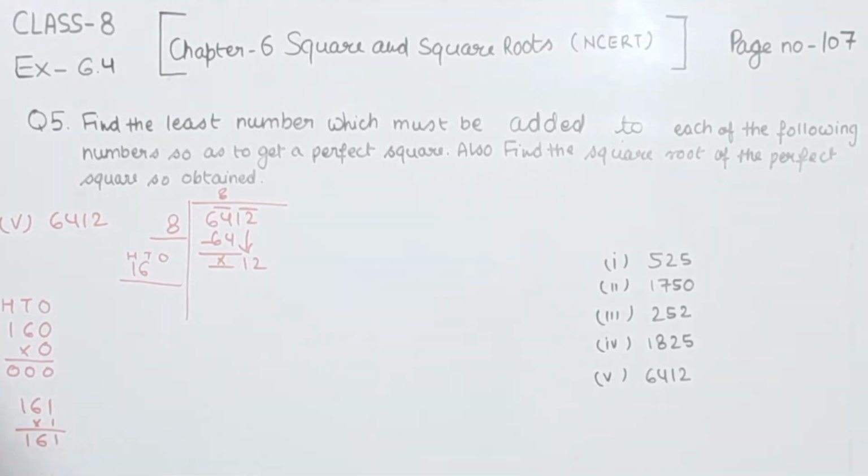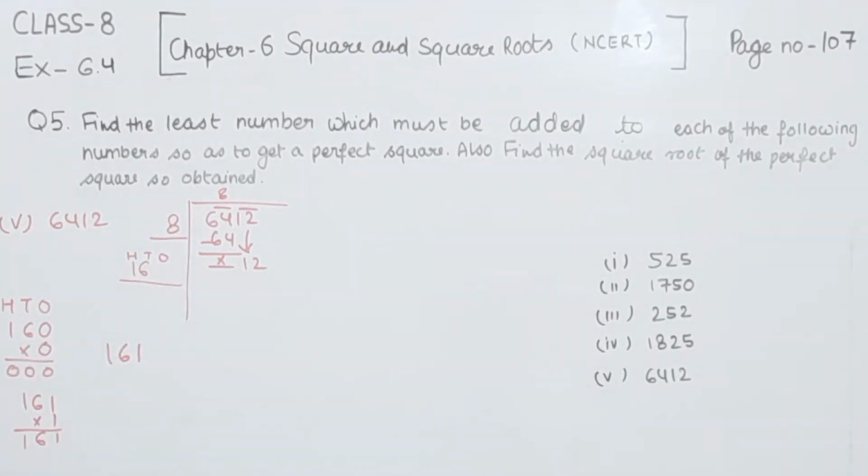So we have to add this one, 12 we are having. Now I'm going to take 1 here. So 1 ones are 1, 1 6 are 6 and 1 ones are 1. So the number we are having is 161.